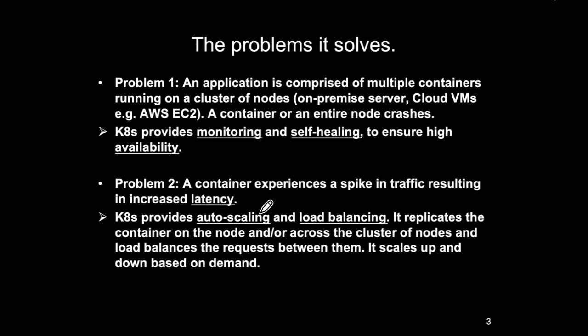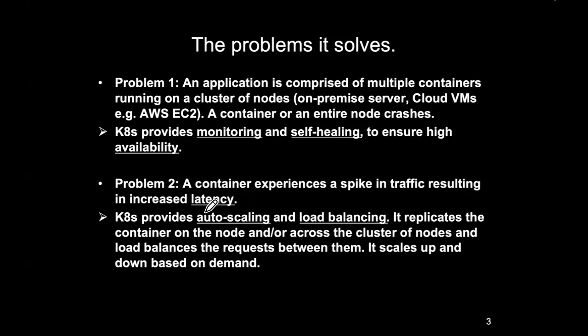It performs auto scaling. You can have a certain amount of control over the scaling policy, as it's referred to. You might say if there's an X percentage increase in traffic, then create two more instances of the container or something to that effect.